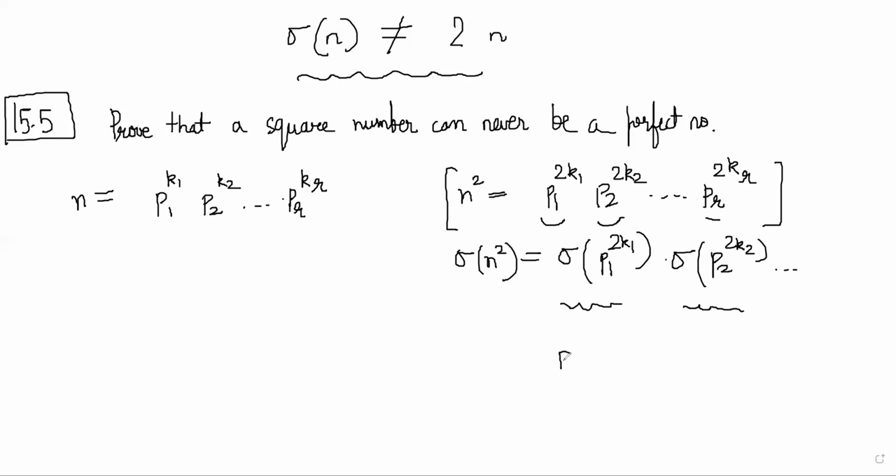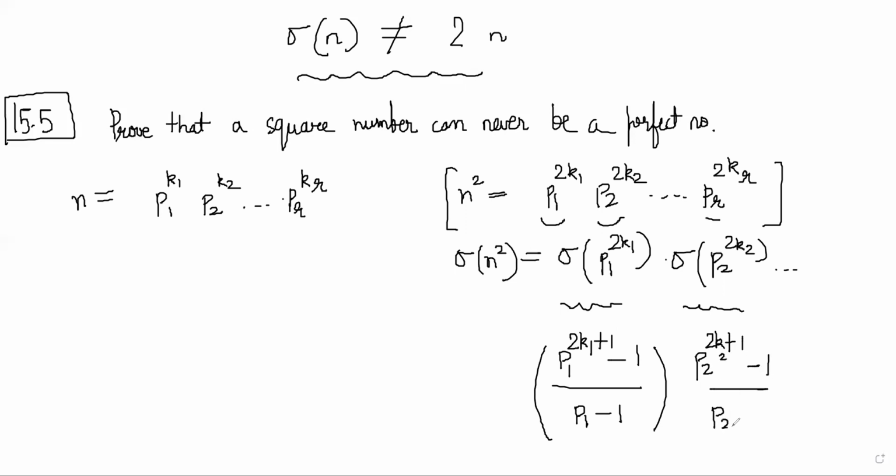So this will simply be p1 to the power 2k1 plus 1 minus 1 by p1 minus 1, right? And similarly, this will be p2 to the power 2k2 plus 1 minus 1 by p2 minus 1, and so on, right?